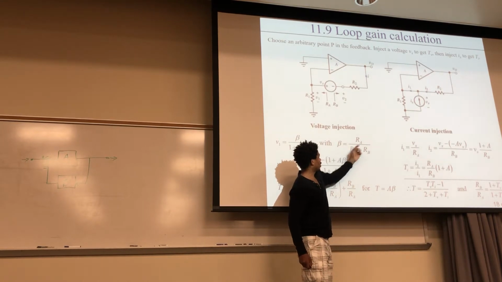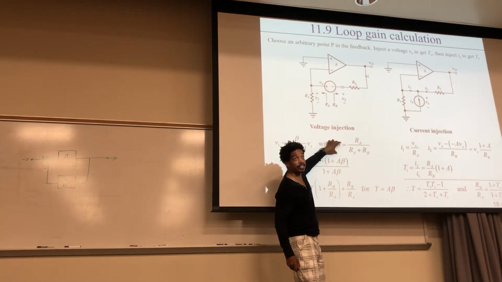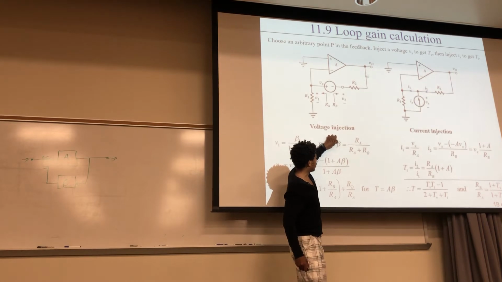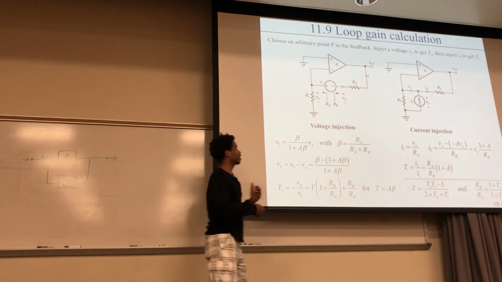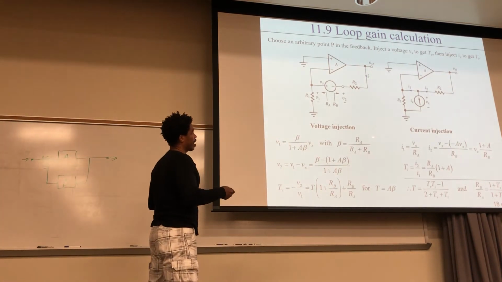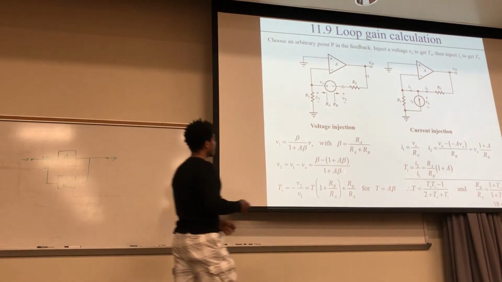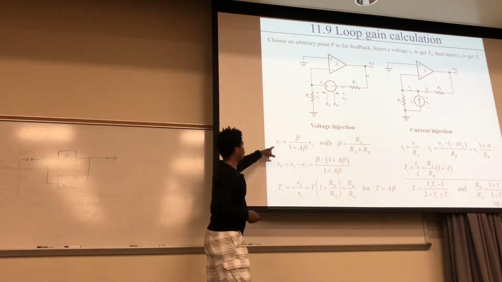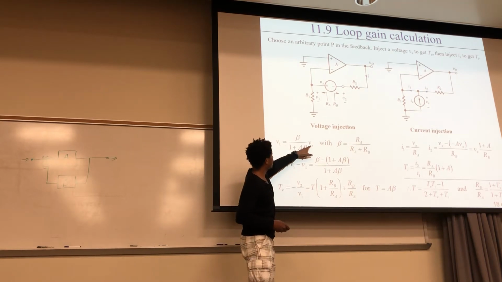Because remember this is gain, output over input of a voltage. So if you separate it back out, it would be V out, and you take that V in, you put it on this side, and it's just voltage division. So that's why beta often looks like this. It's not always, but a lot of times it does. Okay, but if you plug that in here, and if you did the math, you would get this expression right here for V1 in terms of this Vx.